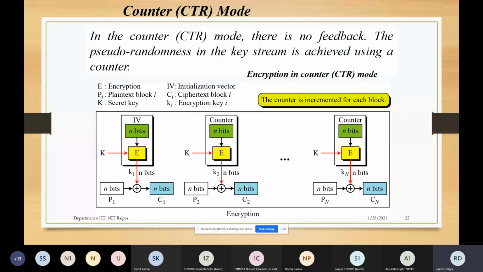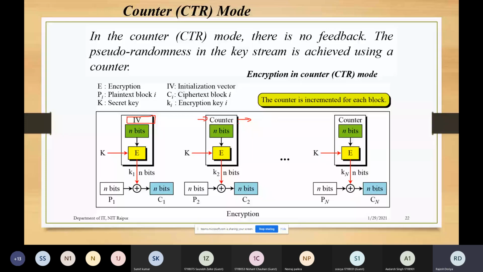Now comes the last mode, called counter mode. In this mode, instead of some shift register, counter values are used. Whatever is the first counter value, we consider it the initialization vector. The rest of the values are incremented by a well-defined process.